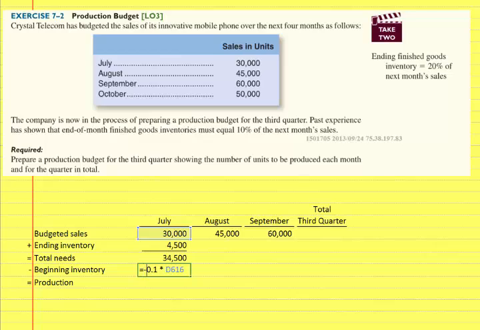Not because it's a negative quantity, but because I'm subtracting it to arrive at production. So once again, I need 34,500 units. 3,000 are already there in beginning inventory, so I'm going to have to make or produce the remaining 31,500 units. So that's my budgeted production, or my planned production, or my scheduled production for the month of July.